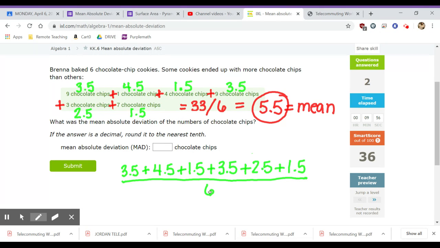There are 6. Okay, so type them in your calculator as I'm typing them, or just listen. 3.5 plus 4.5 plus 1.5 plus 3.5 plus 2.5 plus 1.5. And that's going to give me 17. And I still need to divide it by 6. That's how many numbers I have.